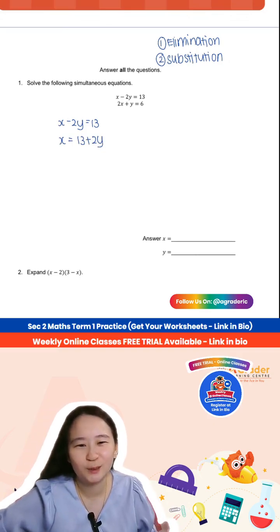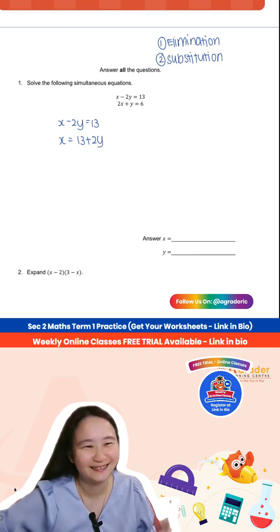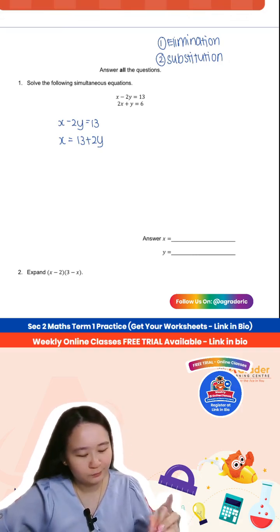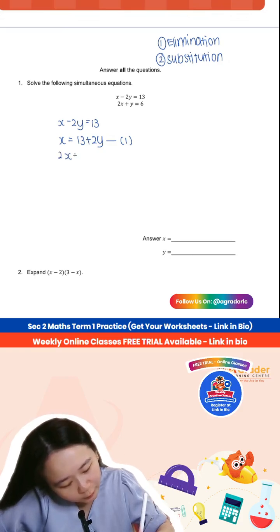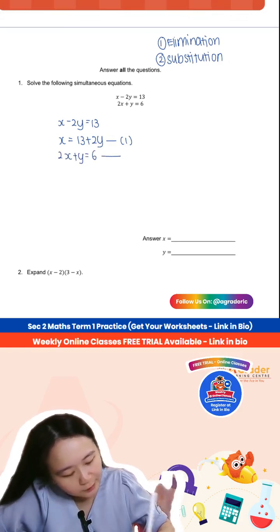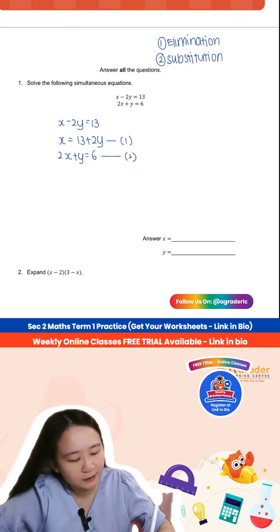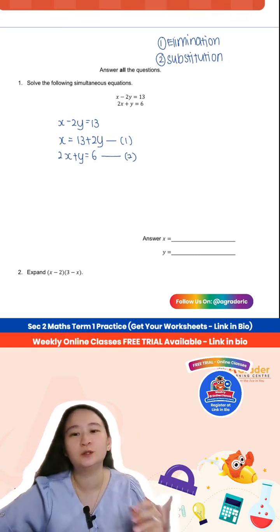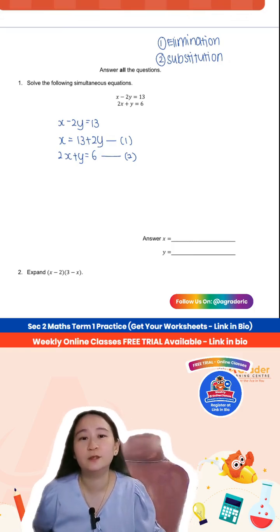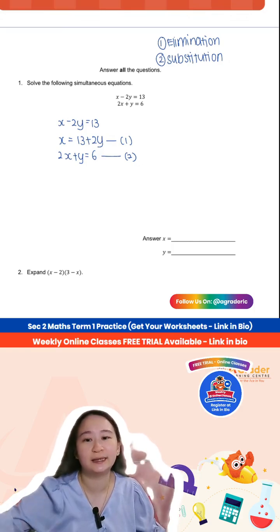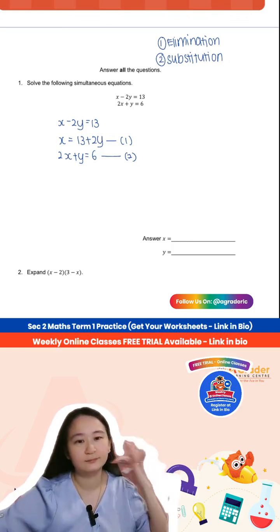Mental algebra, you're very smart. Okay, so this will be our equation 1. Then for equation 2, we don't have to change anything because we can use the substitution method here. In this case, the substitution method is easier, as you can see from the first equation, you can just isolate x. Okay?